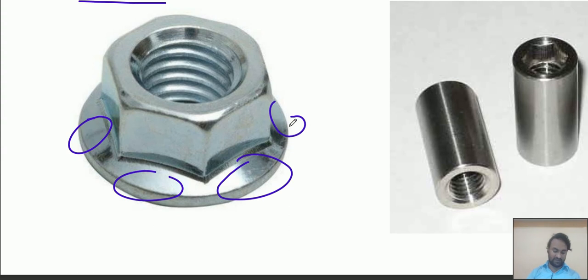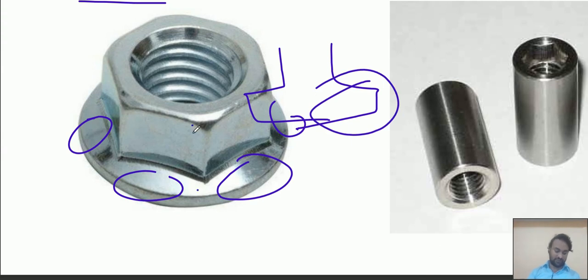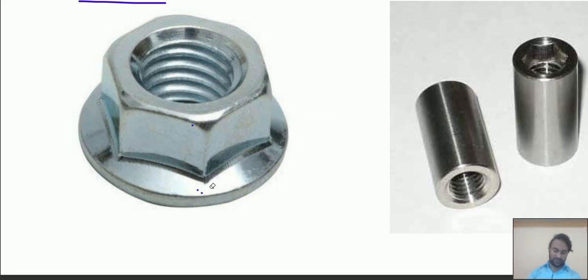This is called a flange. Whenever we get this type of extended portion of the body, it becomes a flange. It is forged on the nut during manufacturing. So what is the objective of using a flange nut, or this small thin disc forged at the end of the nut? The first objective is to increase the bearing surface or bearing area.